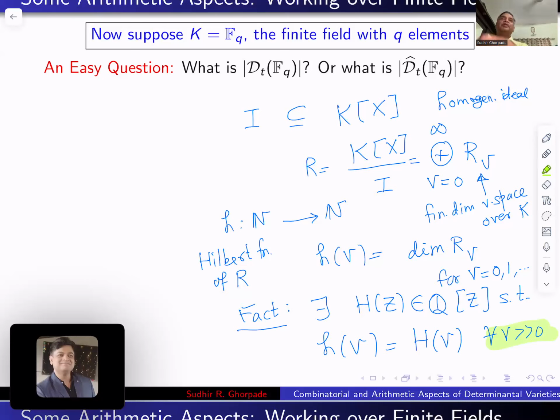This Hilbert polynomial codifies a lot of nice geometric properties of the variety or the ideal or the corresponding quotient ring. For example, its degree corresponds to the dimension of the projective variety. Its leading coefficient corresponds to the multiplicity or the degree of the projective algebraic variety, and so on and so forth. Okay, is that all right?